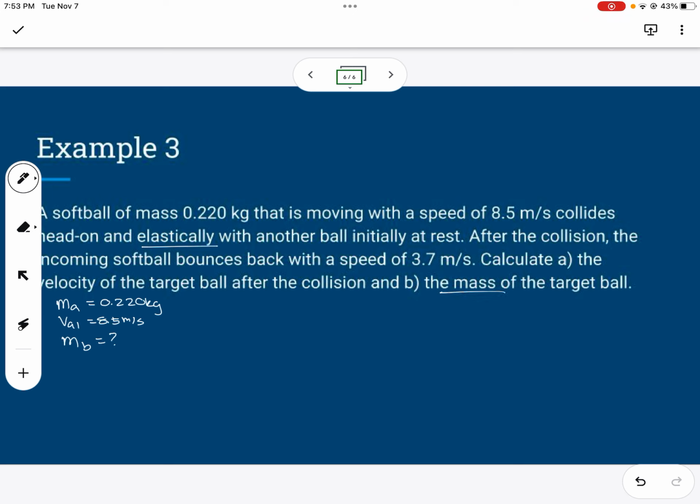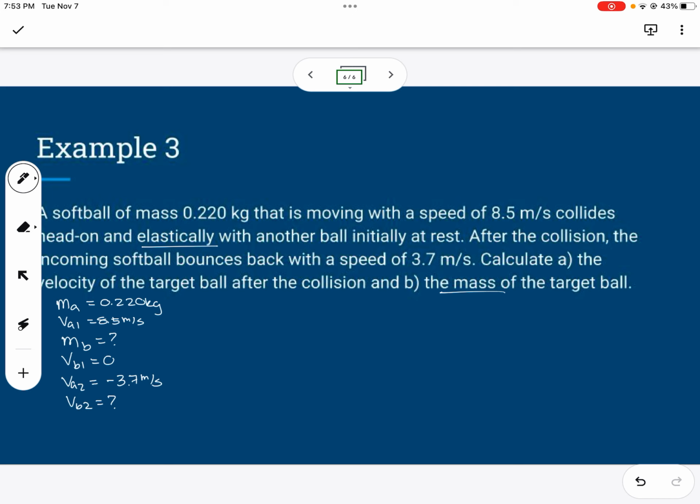Actually, they're telling us to calculate it, so don't assume the mass of the other ball, but we can say that its initial velocity is 0. It is at rest. After the collision, the incoming softball bounces back with a speed of 3.7, so I know VA2, in this case, if it's bouncing backwards, just be super careful with your sign, is negative 3.7 meters per second. They're asking us to calculate VB2, and they're asking us to calculate MB.